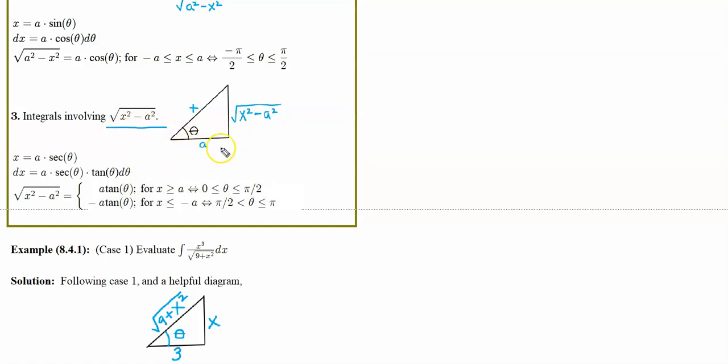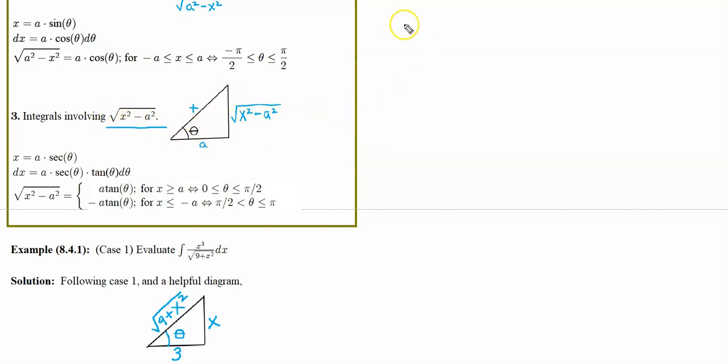In that case, we want to draw triangles that look like this. We label the hypotenuse as x, the adjacent side as a, so that the opposite side is the square root of x squared minus a squared, which is what we have right here.